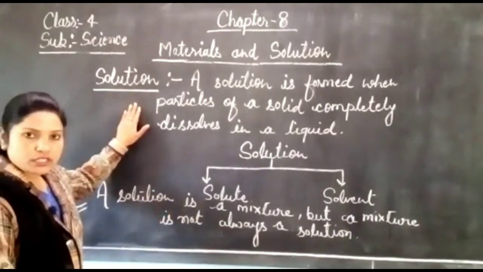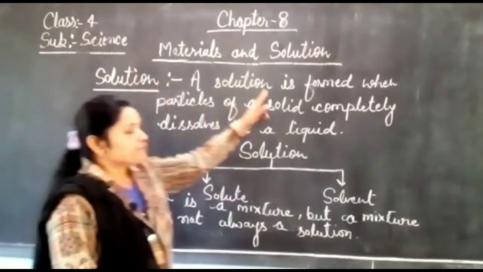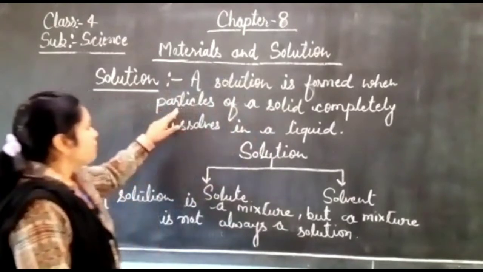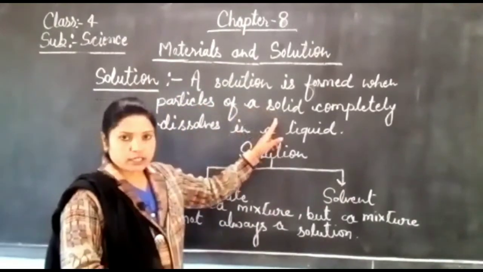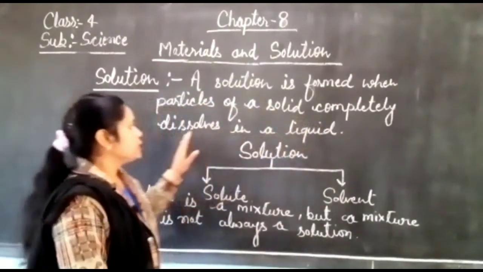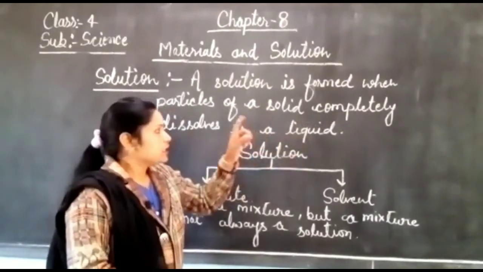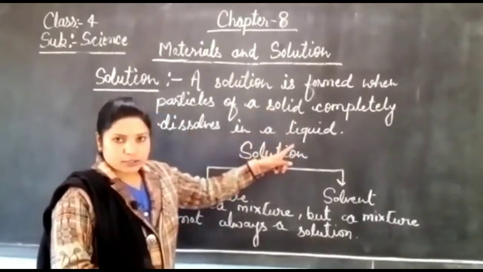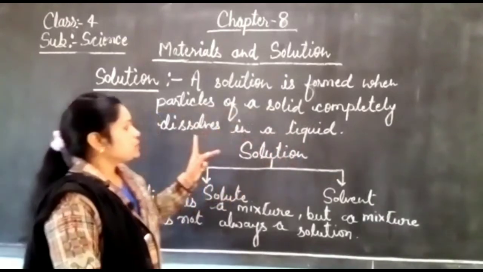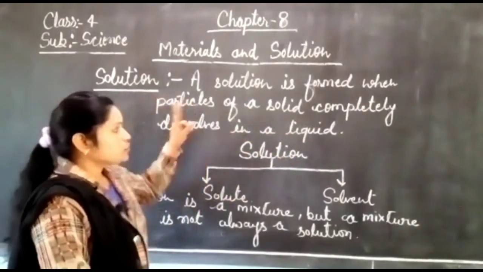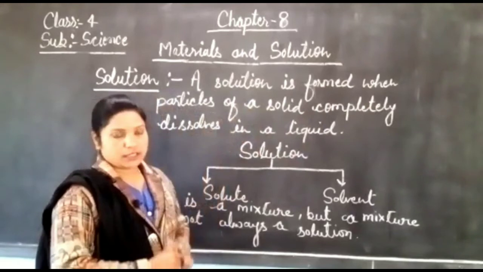So what is a solution? A solution is formed when particles of a solid completely dissolve in a liquid. Here, it is the liquid in which the solid dissolves. So in a solution, two substances must be there.